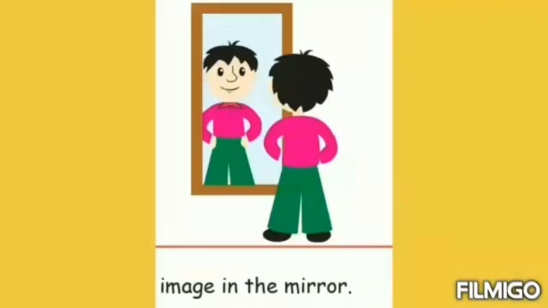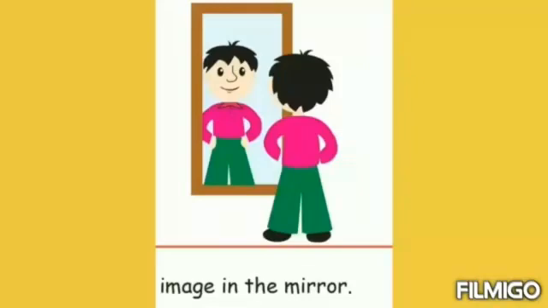Now we discuss some points. First, when you come forward to the mirror, your image is moving dash. Forward or backward? Your time starts now. Answer, forward. Next, when you raise your right hand, the image in the mirror looks like dash.